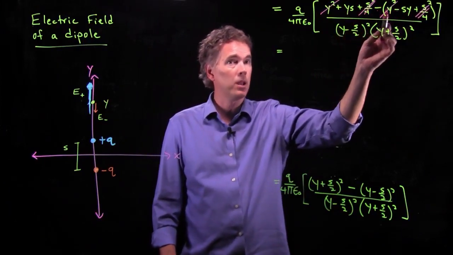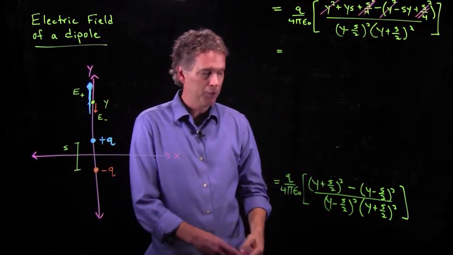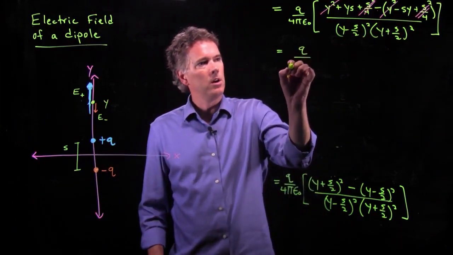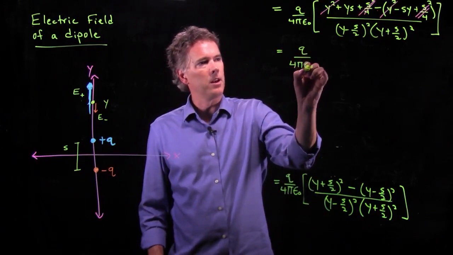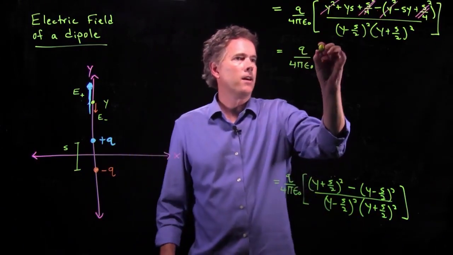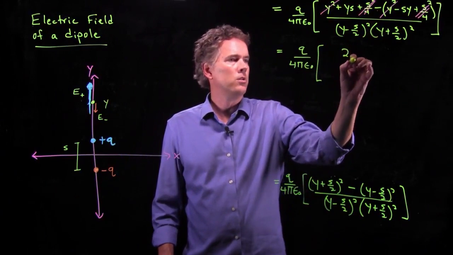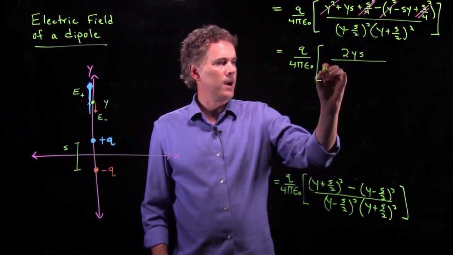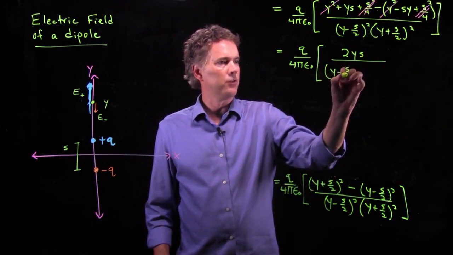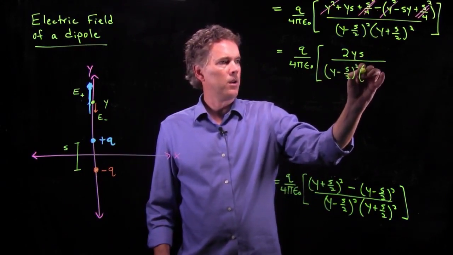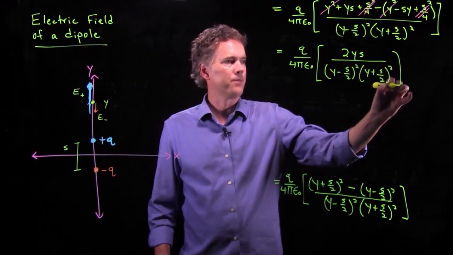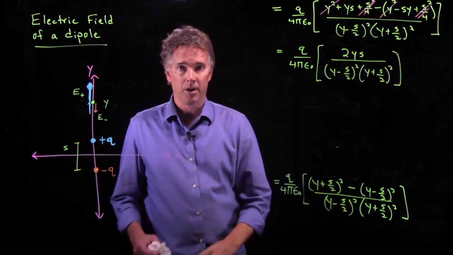So ys plus sy. So we end up with 2 of those. So this whole thing becomes q over 4 pi epsilon naught, and then we have 2ys. And then we're going to divide by this thing, y minus s over 2 squared, y plus s over 2 squared.